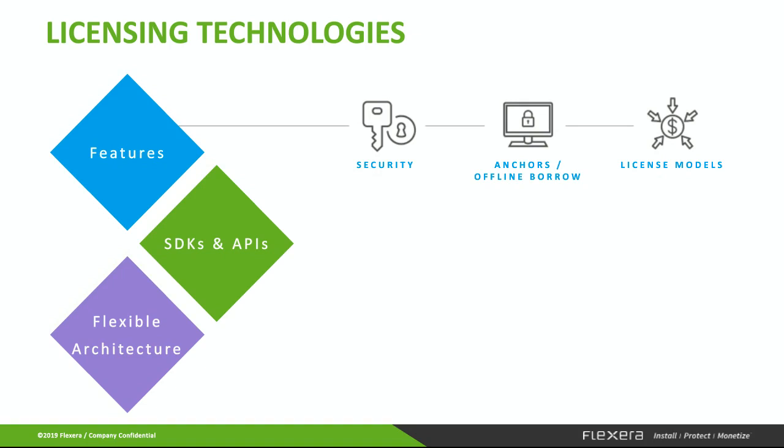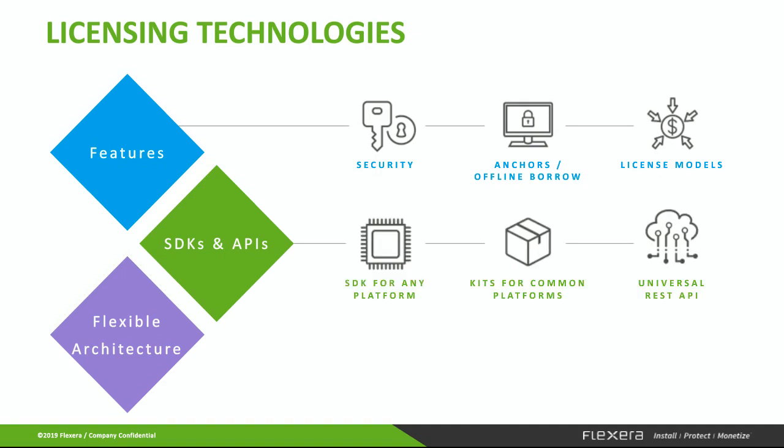As we said before, we're probably looking for technologies that anchor and provide offline borrows, and also you want it to support not only the license model that you want to use, but other license models as well. So you have a roadmap or a runway to expand into technologically, or if you want to change how you sell your software, you have options without large re-implementation.